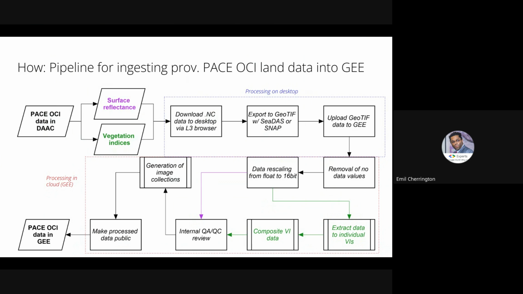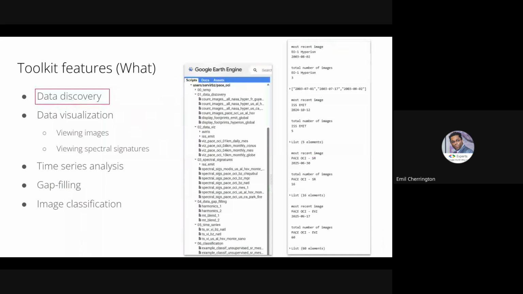Say we grab that data, we process it using SNAP or CDAS, we convert that into GeoTIFFs from the original NetCDF data. We do limited processing of that data, like rescaling it, and then import it back into Earth Engine as image collections, and then make it available via this toolkit.